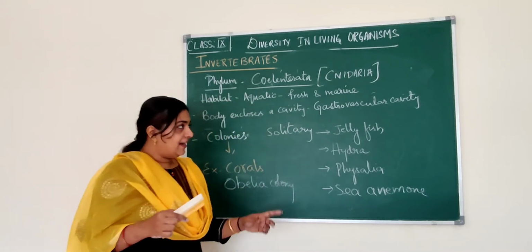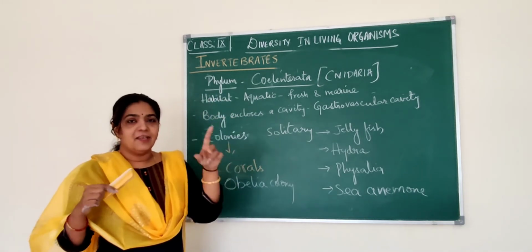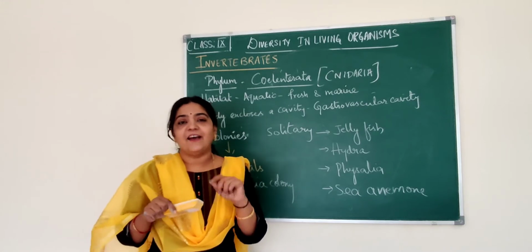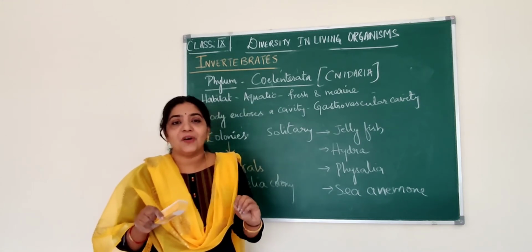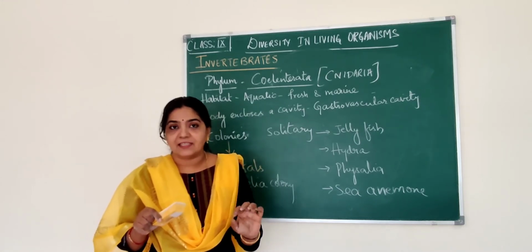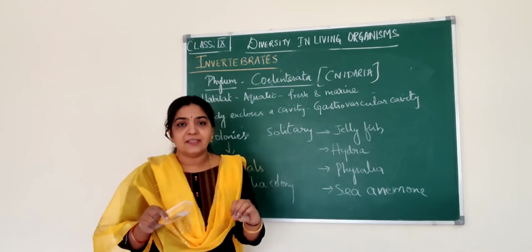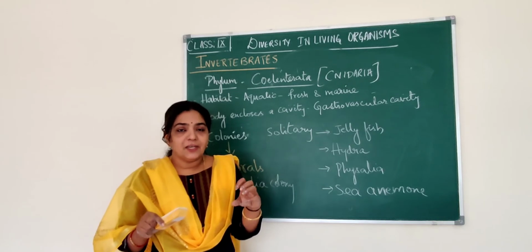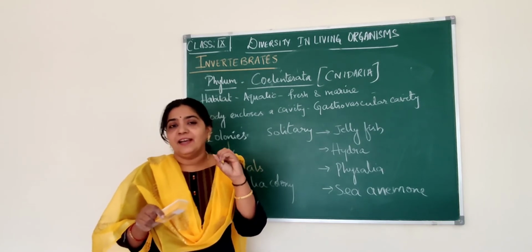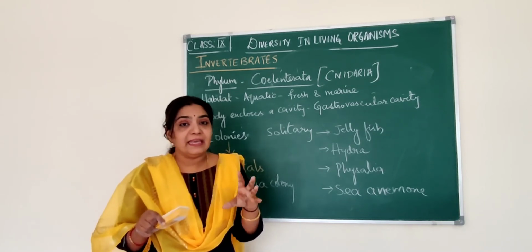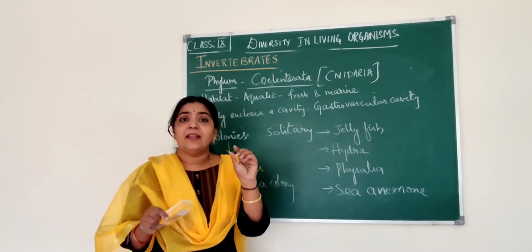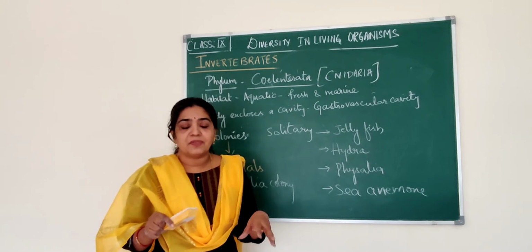These animals have tentacles, and the tentacles bear specialized cells called cnidoblasts. These cnidoblasts are nothing but stinging cells. It stings, and the sting has a poisonous substance.